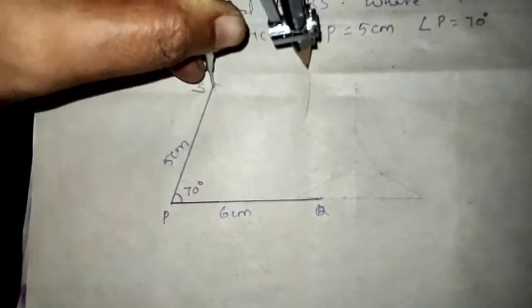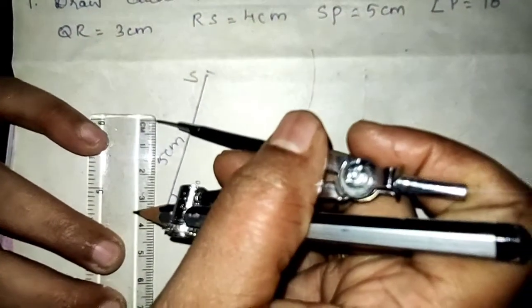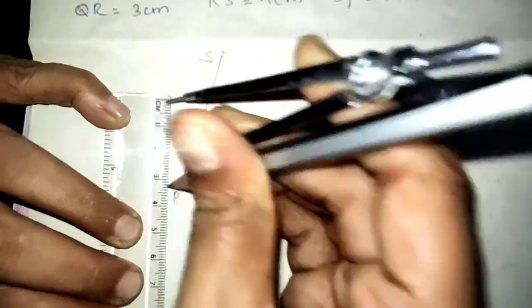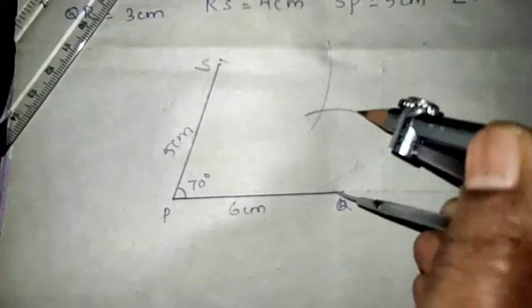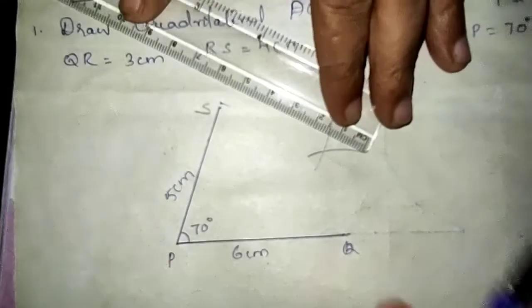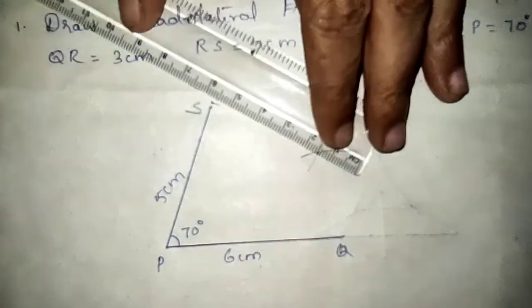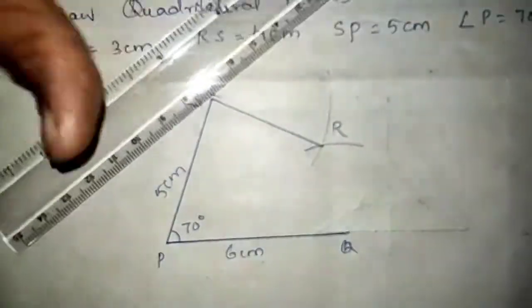Keep this point as center, draw an arc like this. Then again take 3 centimeter on your compass. Draw another arc of 3 centimeter. Then just join that. And this point is our R. Just complete the quadrilateral.